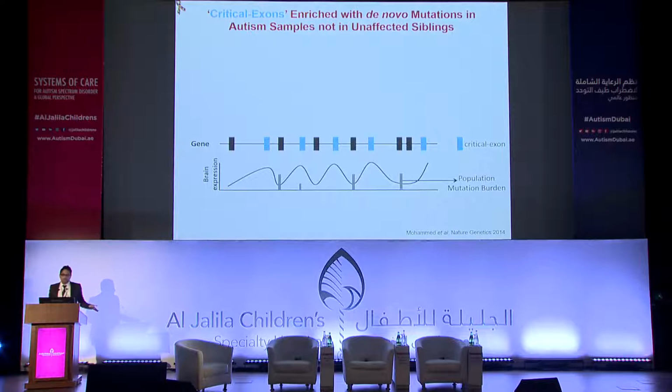So how do we interpret the mutations that we see in unaffected siblings and in autism kids? This is a gene, and these are the functional units of the gene called exons. For each exon, we computed the level of expression for this gene.